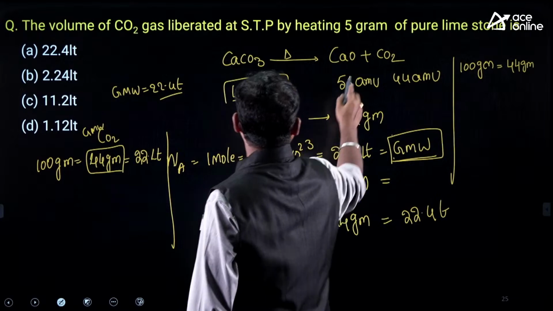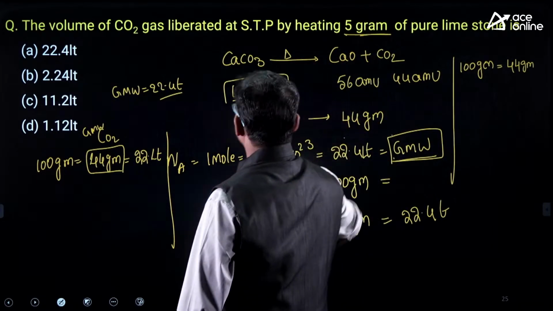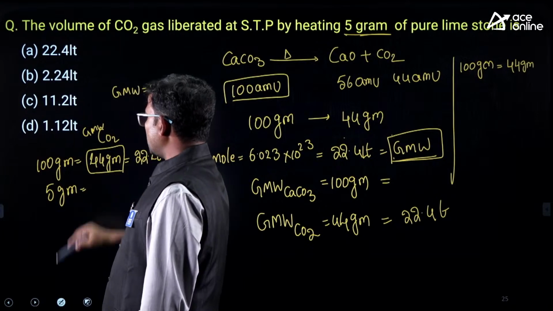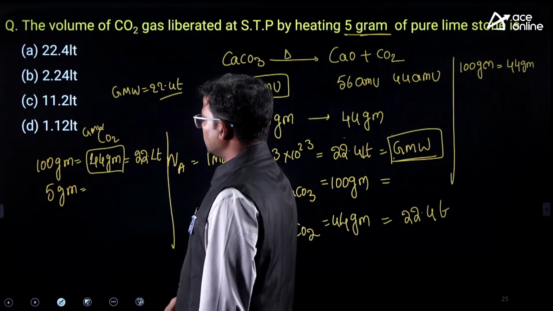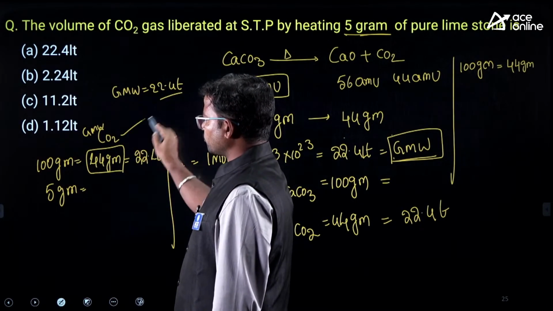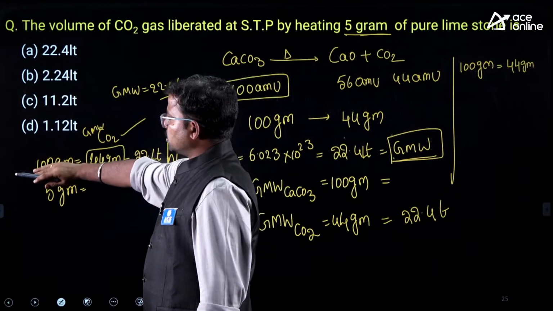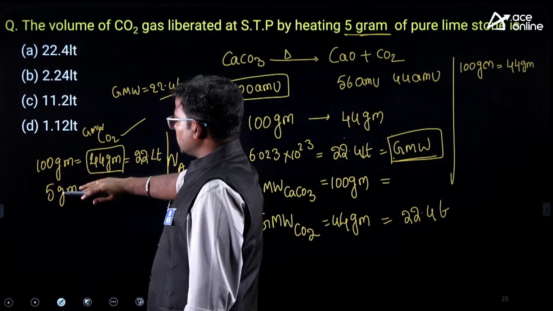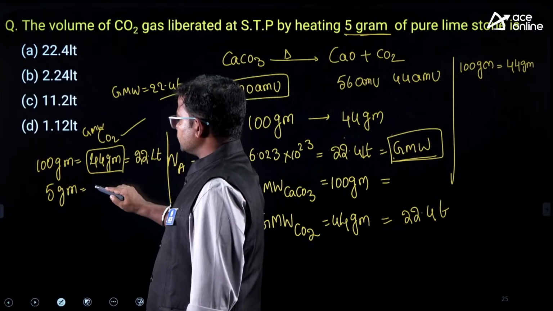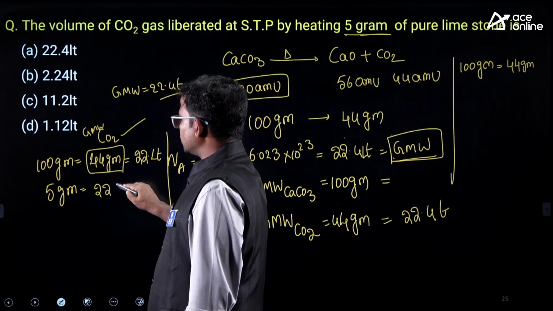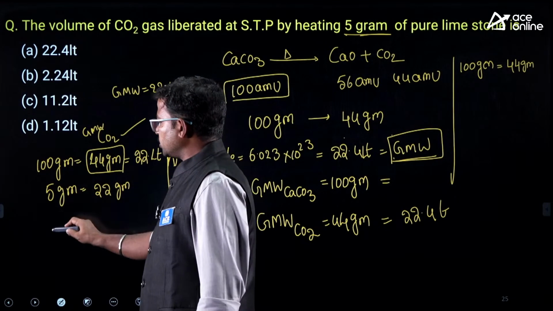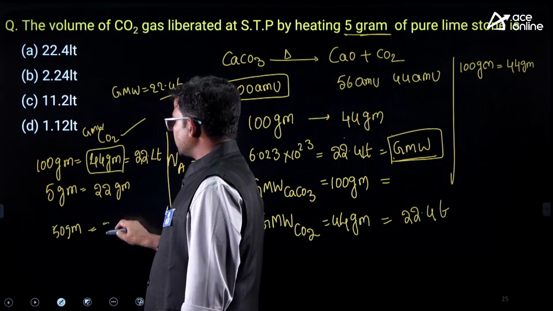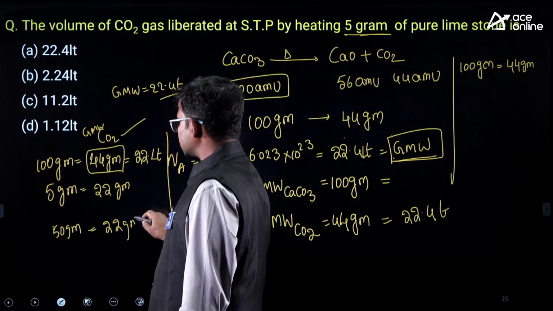Okay, so next, suppose you consider 5 grams of pure limestone. Then how much carbon dioxide can form? What is half the amount of 100? 50. So for 50 grams we can get 22 grams of carbon dioxide.